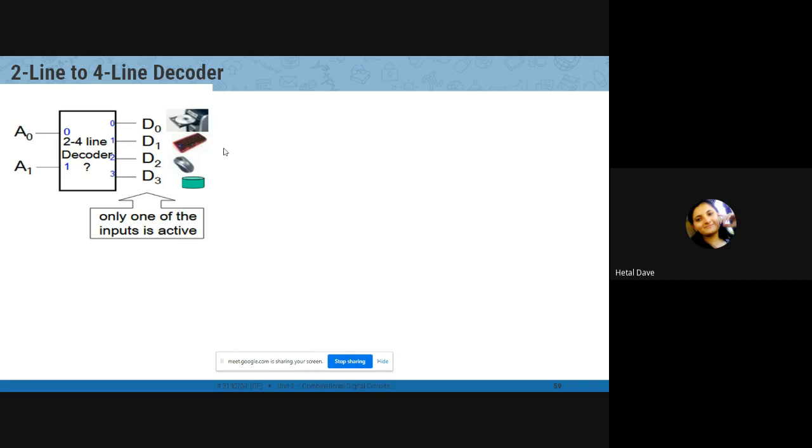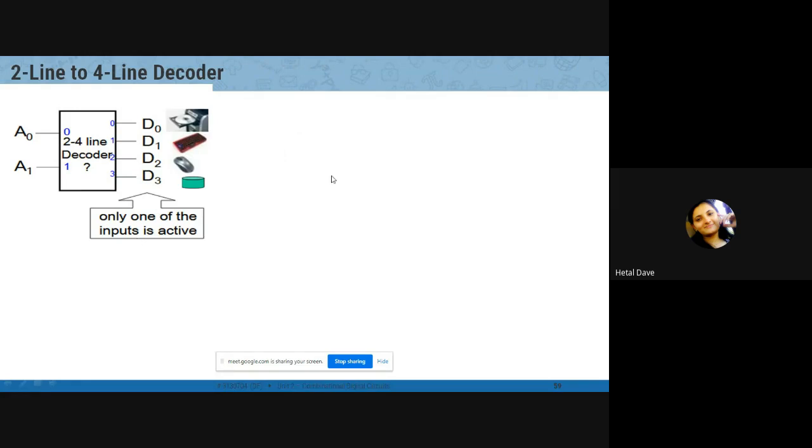See, D0 means 0, 0. D1 means 0, 1. D2, 1, 0. D3, 1, 1. So it depends on the connection. In the animation, D0 was indicated at the bottom line. It depends on the internal connection. We will also see which kind of circuit is there inside this 2 cross 4 decoder. So only one of the outputs is activated.